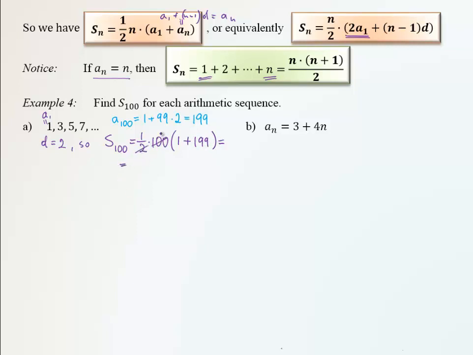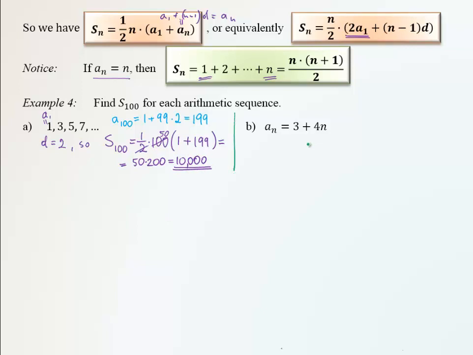So after reducing with 2, we have 50 times 200. So altogether it is 10 and 3 zeros, 10,000. Very large sum, but using the formula, it was easy to calculate.